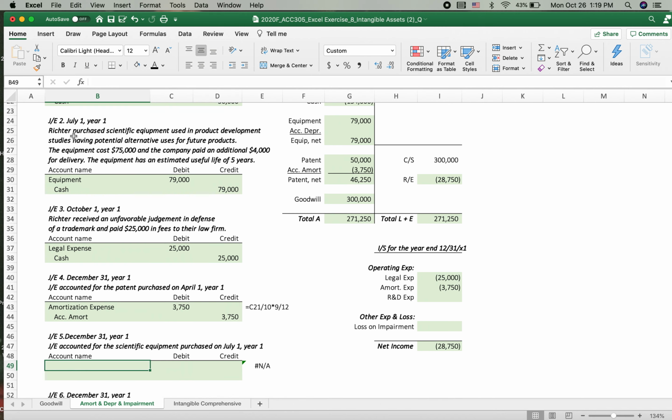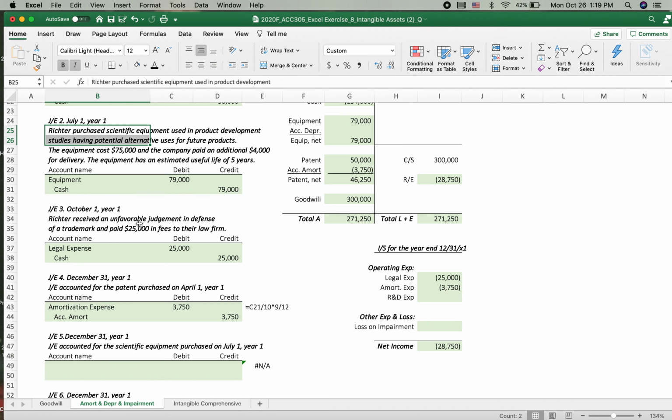Okay, let me read this carefully again. Richter purchased scientific equipment used in product development study having potential alternative uses. Okay, so the purpose of purchasing this equipment is for the development, R&D.